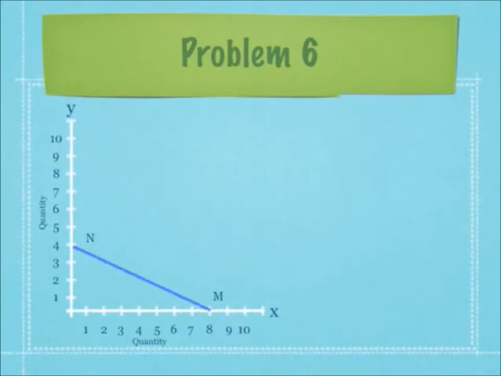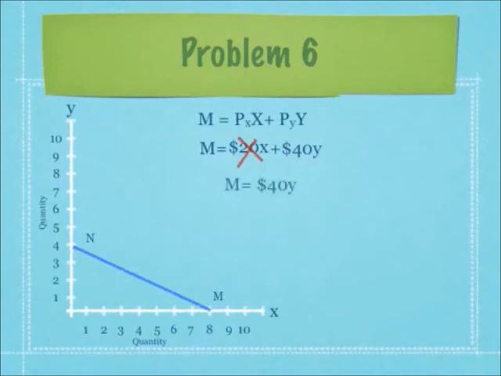So now, let's look at the budget line in M, and now they're going to give us the prices of the products. The price of X is $20, and the price of Y is $40. So what is income? Let's imagine I spent all my money on product Y. How much can I buy? I could buy 4 of them.